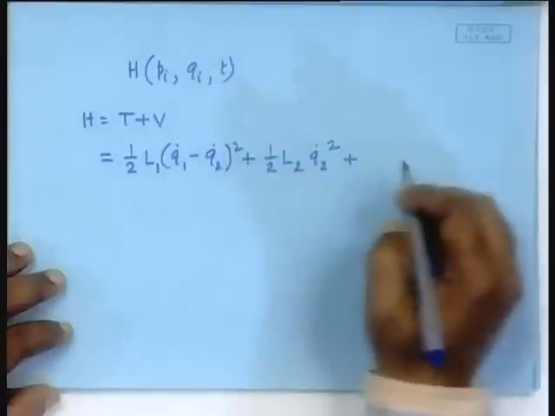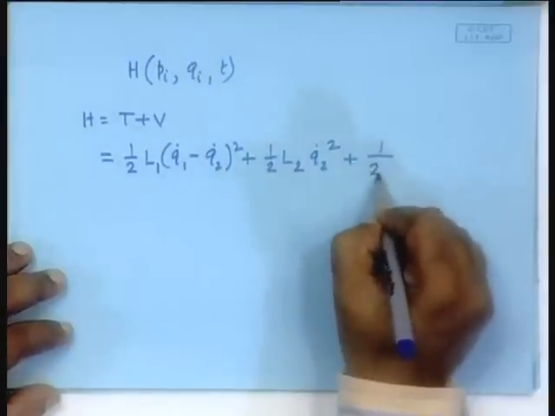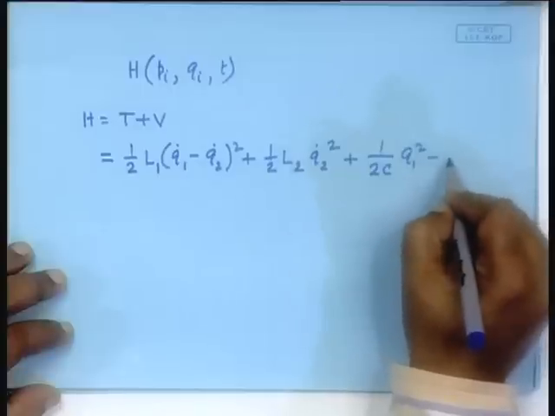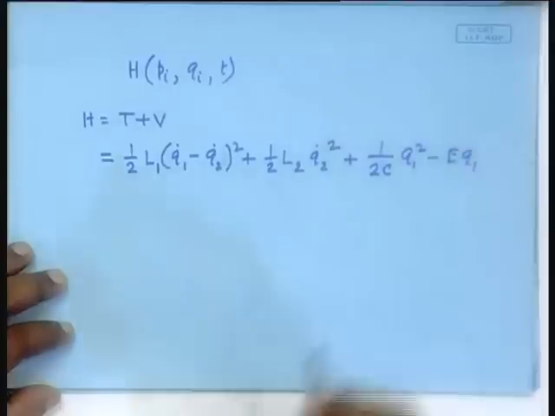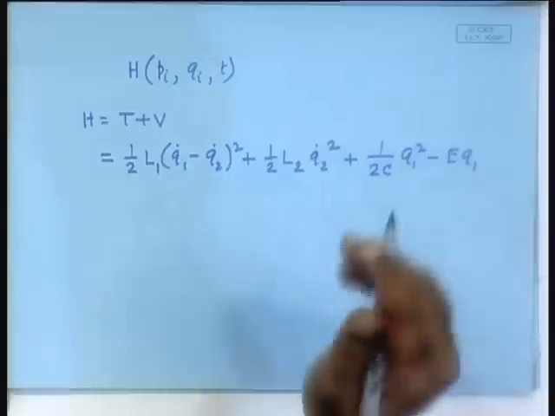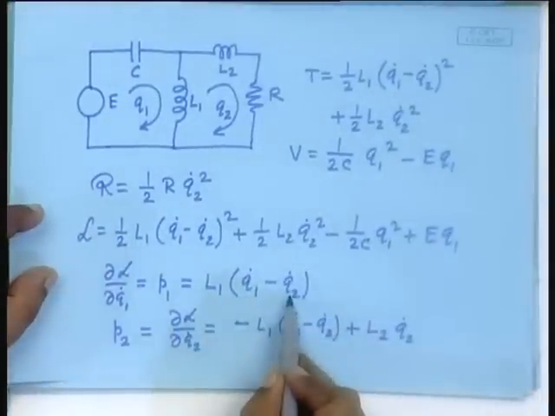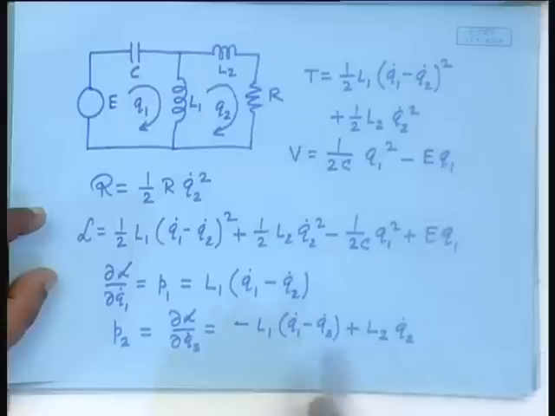Remember, T plus V: 1 by twice C Q1 square minus E Q1. Now, we need to express this in terms of the Pis. We had already obtained these, so we can substitute.